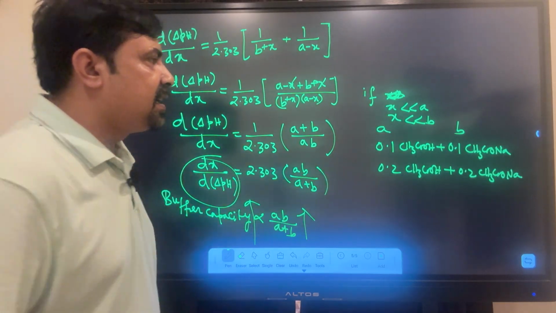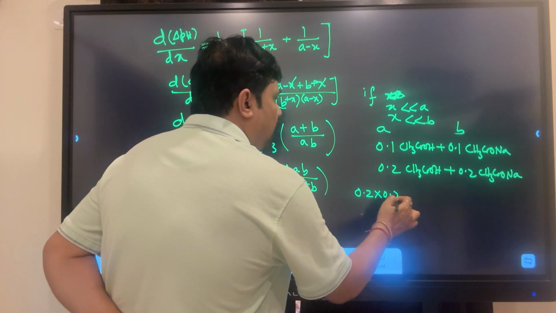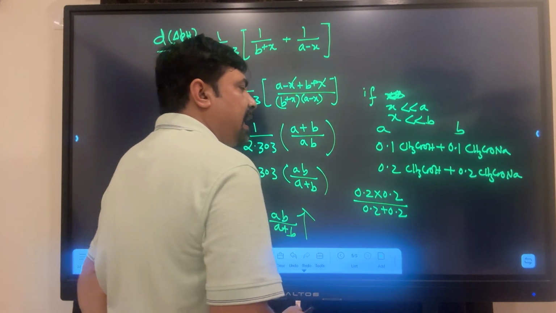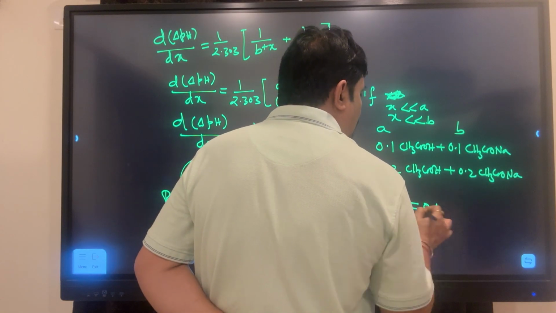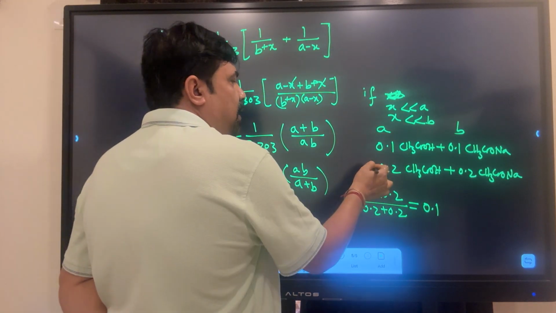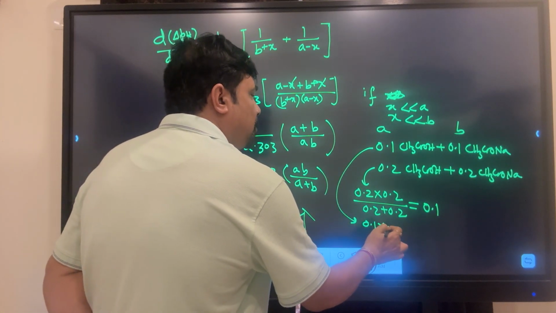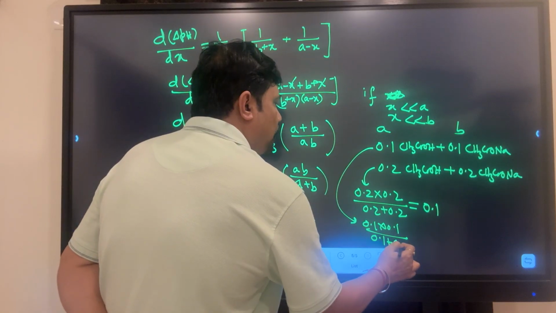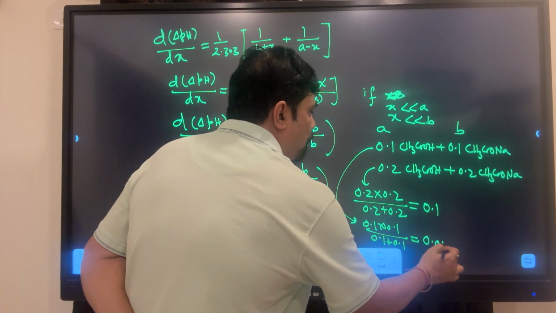That's why if you look at here, what will be the situation? 0.2 into 0.2 by 0.2 plus 0.2. If you calculate this value, it comes to 0.1. Whereas for this one, if you calculate 0.1 into 0.1 by 0.1 plus 0.1, this value comes to 0.05.